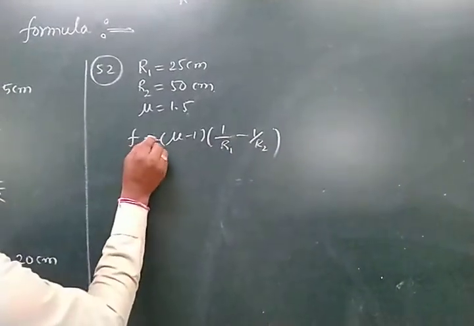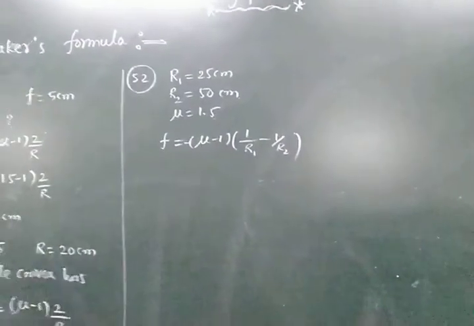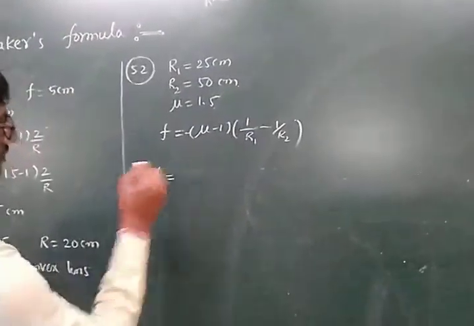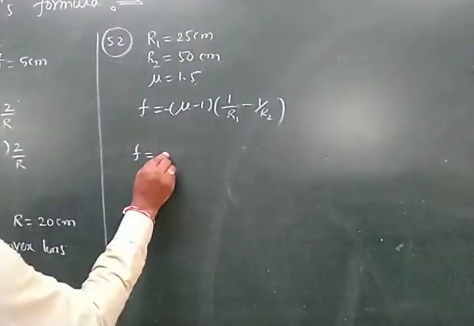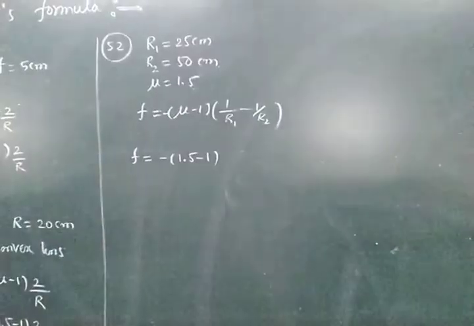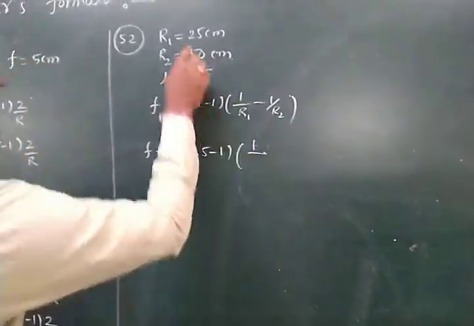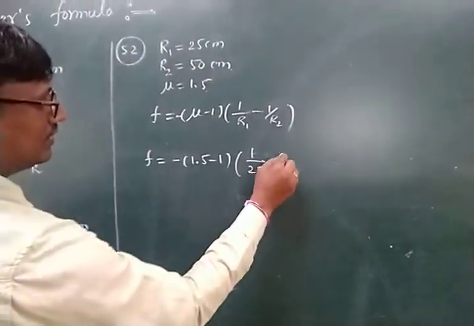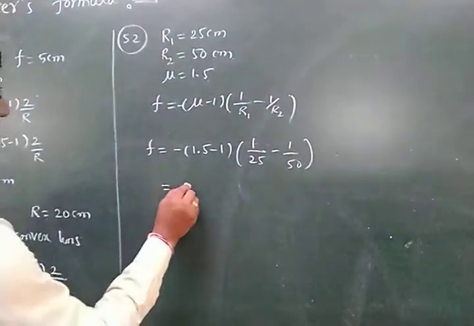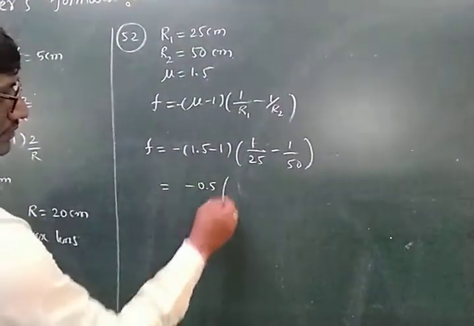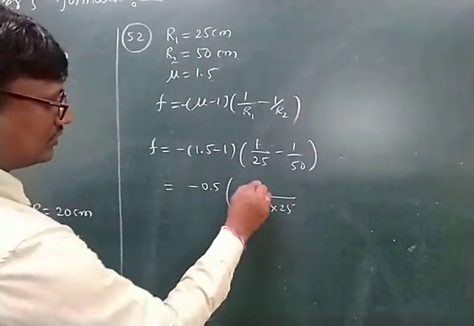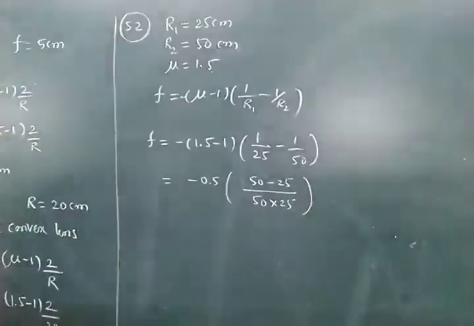Here the focal length is negative, so negative indicates the left side. So f is equal to minus (1.5 minus 1) into (1 by r1 minus 1 by r2), with r1 equal to 25 and r2 equal to 50. Taking the LCM, it is minus 0.5 into 50 into 25, divided by 50 minus 25.